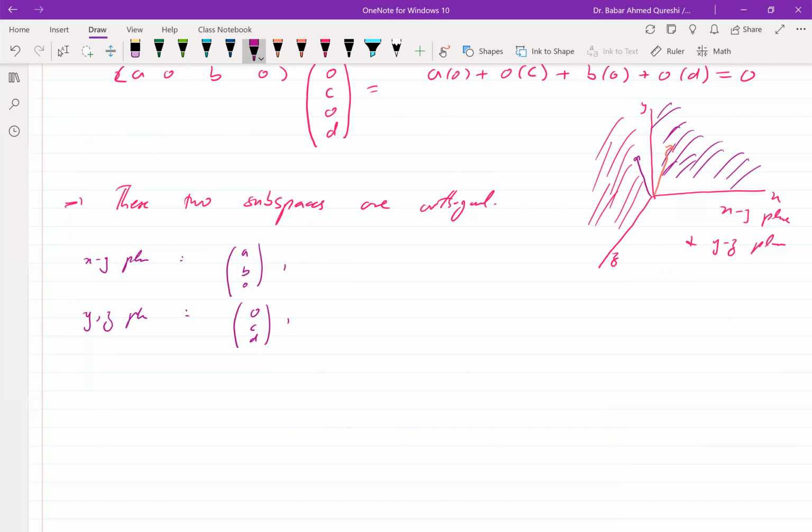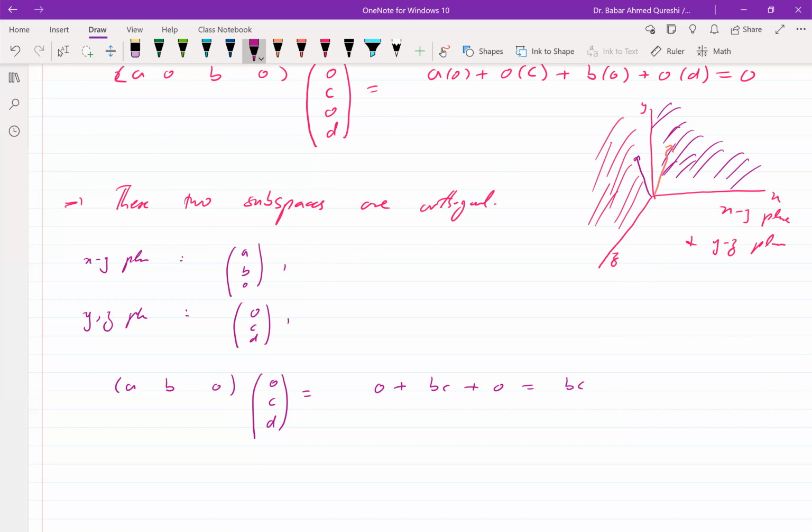So if I make a scalar product of an arbitrary vector from one and the other, I get 0 plus BC plus 0. So in general, this is not 0. So that shows that these two spaces are not orthogonal.